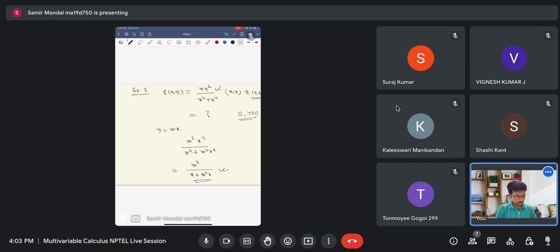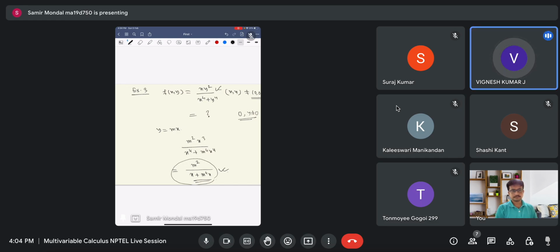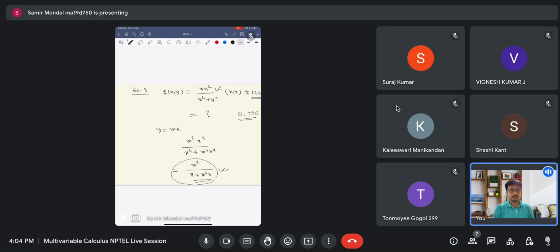Is this quantity fine? Sir, it is undefined. Yeah, when we are approaching x equal to 0, from here we can't say anything. Okay, so we have to choose another path.